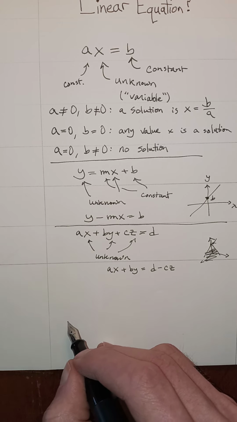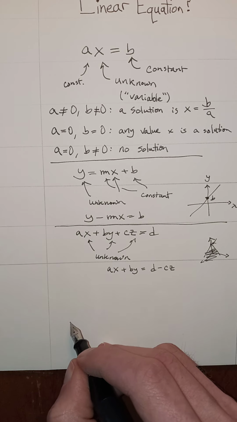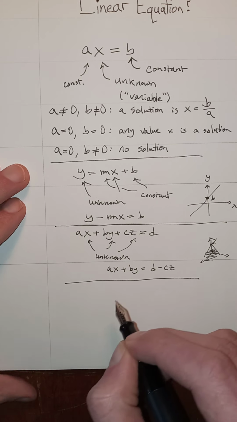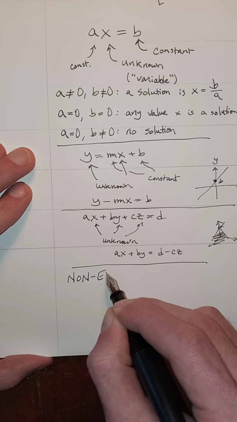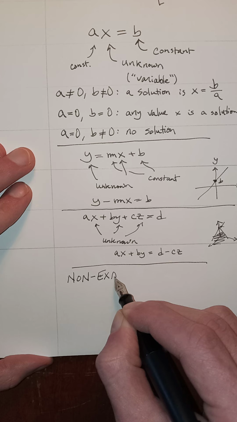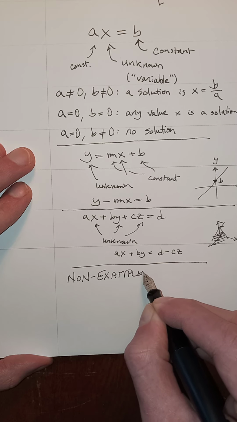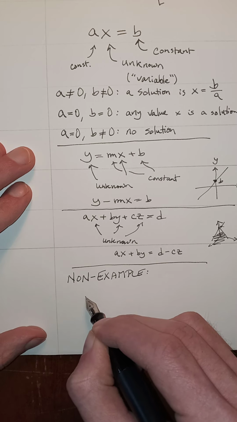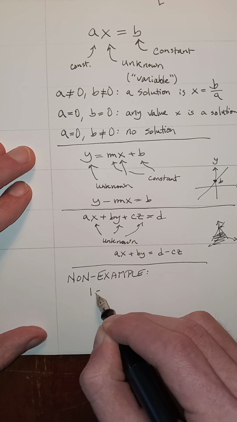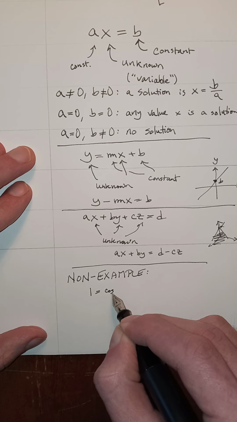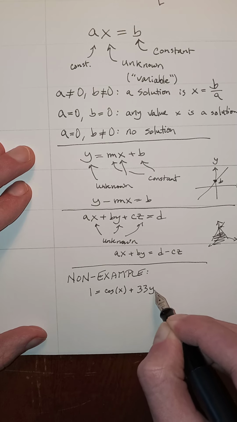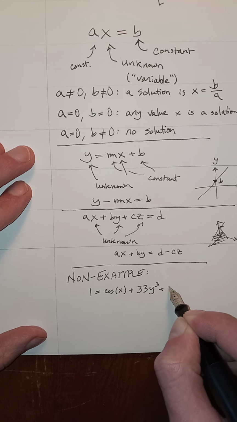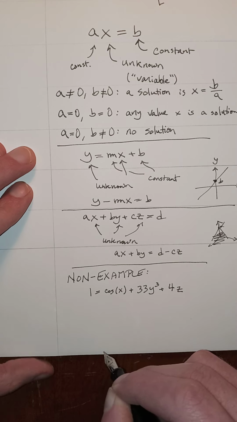Okay, well, if these are linear equations, what is a nonlinear equation? So a non-example, just so that we can differentiate. It would be if we had something like 1 is equal to cosine of x plus 33y cubed plus 4z.